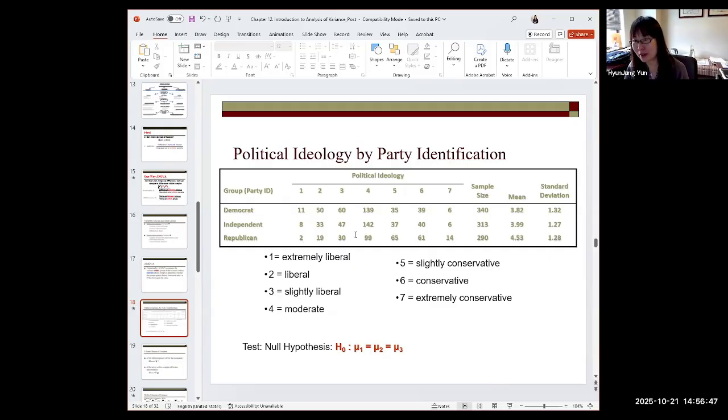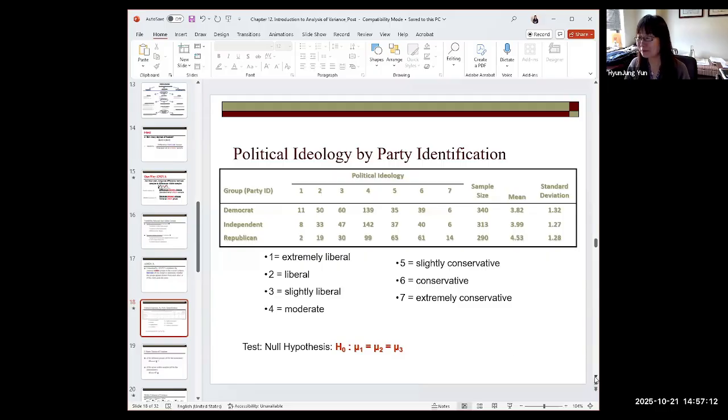Across the different partisanships, we want to compare theoretically. Our null hypothesis, which we want to falsify, is that Democrats, Independents and Republicans are all the same in their political ideology.